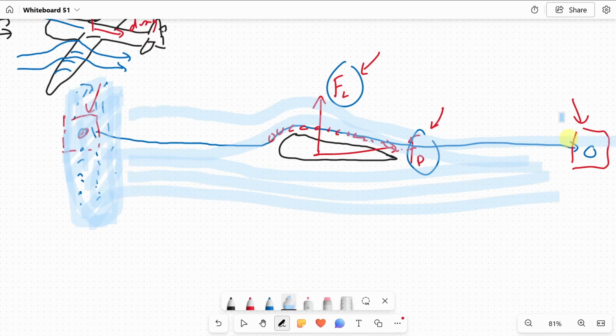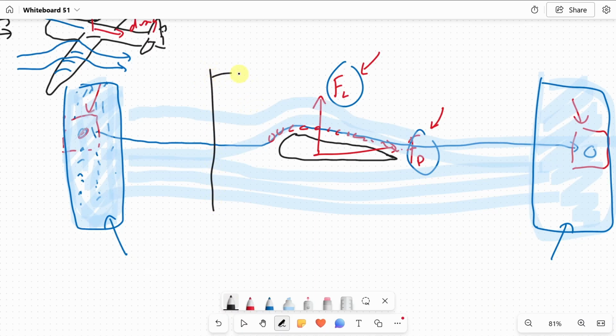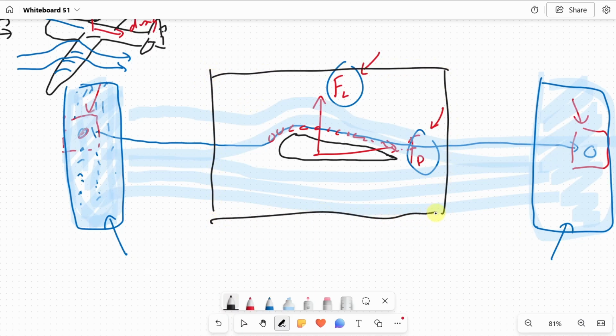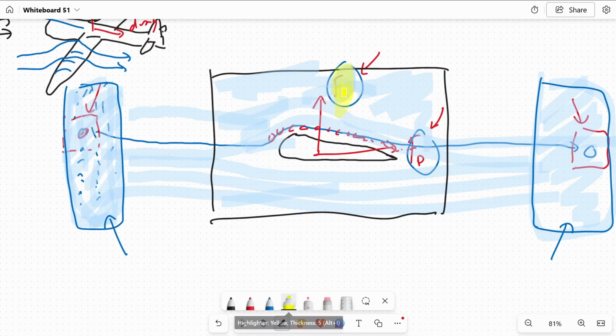So again, after it moves, it'll be right here, right? Again, you're not interested in these air particles when they are right here, and you're also not interested in them when they are right here. You're only interested in the air particles when they are within this box, because they directly affect these two key parameters that you want to look at. This one and this one.